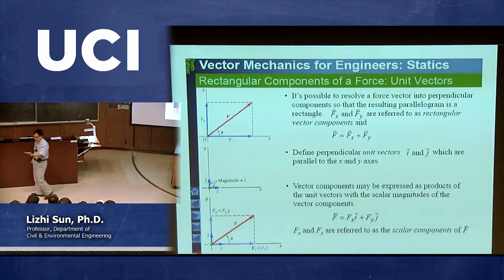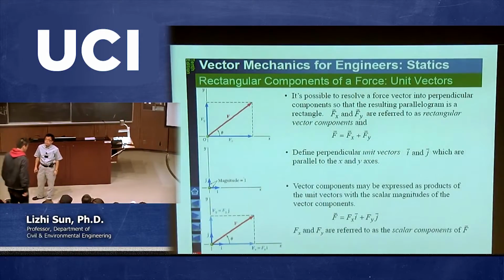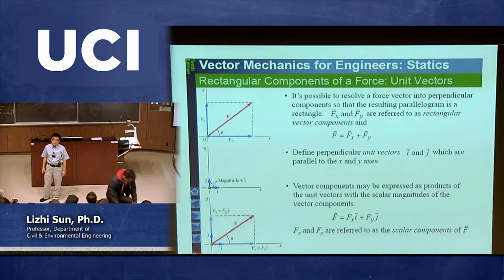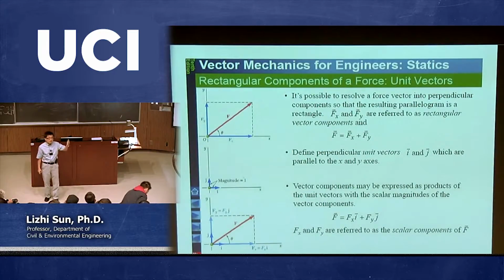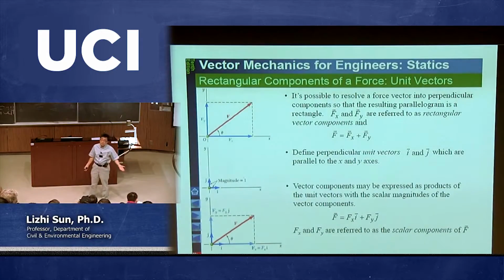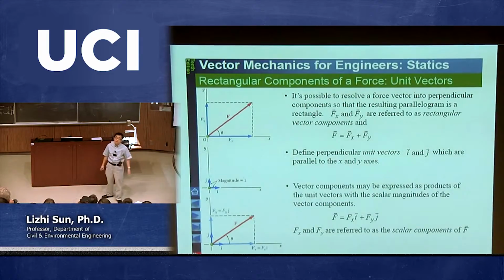Do I need to give you the magnitude of the force and the direction, or I just give you the components? Well, what do you do when you are dealing with the homework questions? If I basically ask you, calculate the force, you can give me either way. If you like to give me the magnitude and the direction, no problem. If you want to give me the two components, then no problem either.